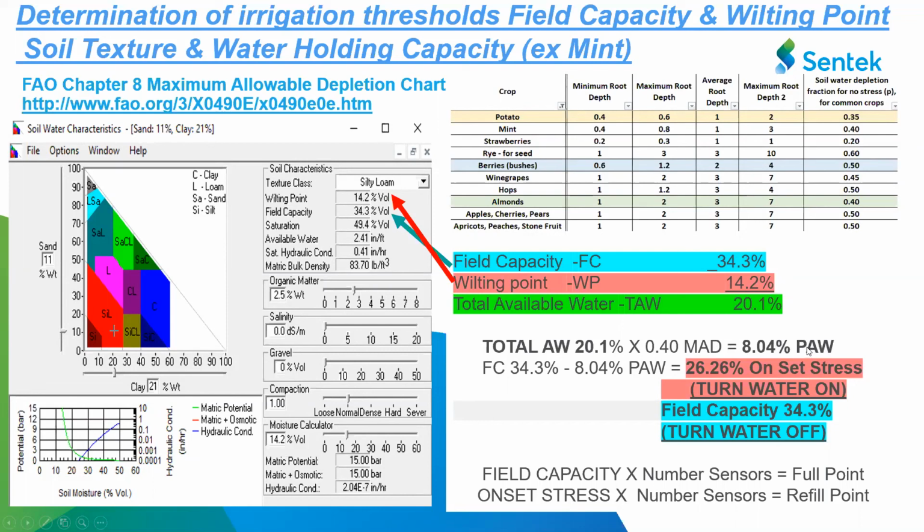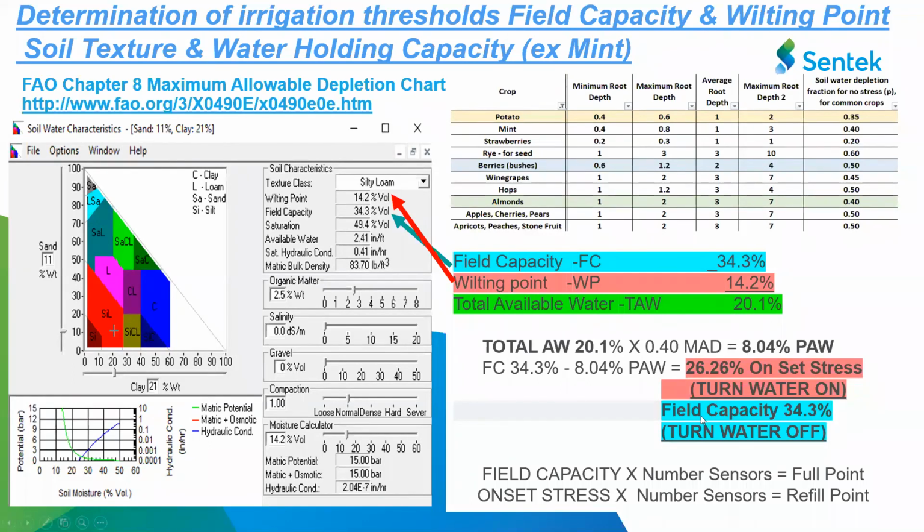And then all you have to do is basically subtract plant available water from field capacity, and that becomes your onset of stress, or if you have access to irrigation, turn your water on. And in some instances, if this is the threshold for a given crop that's in dry land, you probably would not invest any more in that field in regards to you wouldn't side dress, you wouldn't put any more fertilizers in it, and so forth.